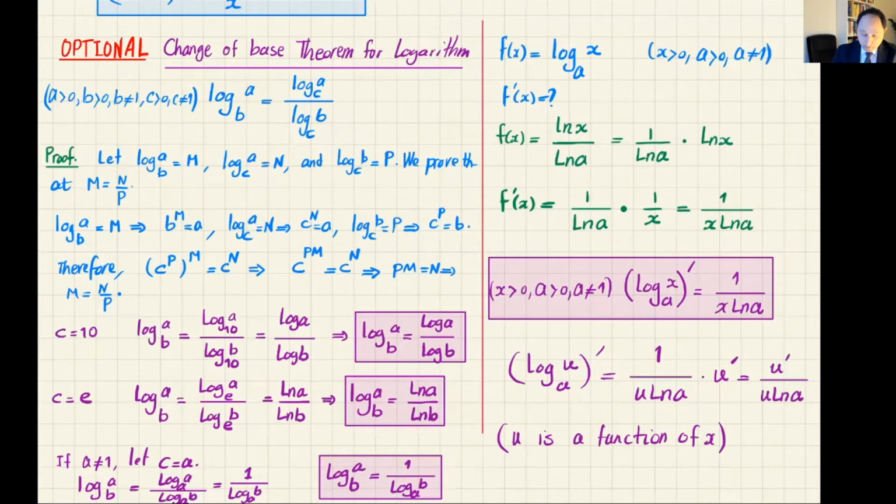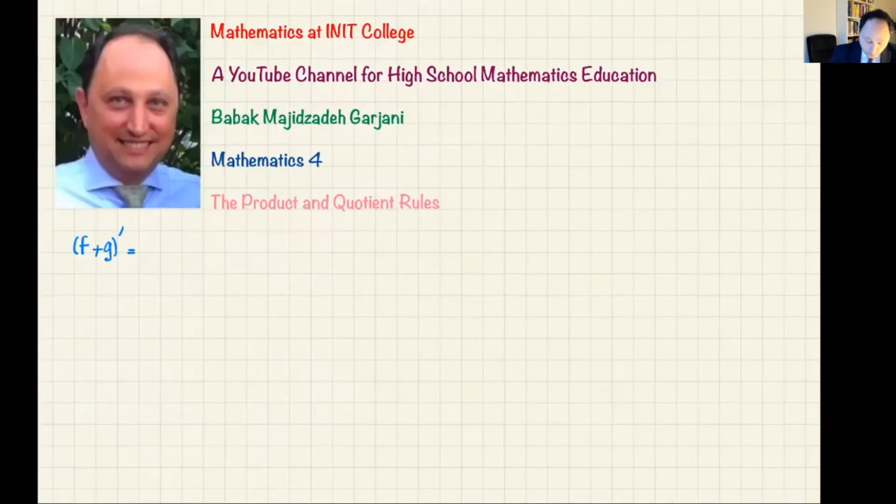Good. So far we have the sum rule: if I have the sum of two functions and I want to differentiate it, it becomes the derivative of the first one plus the derivative of the second one. The same rule applies to the difference, so it becomes the derivative of the first one minus the derivative of the second one.